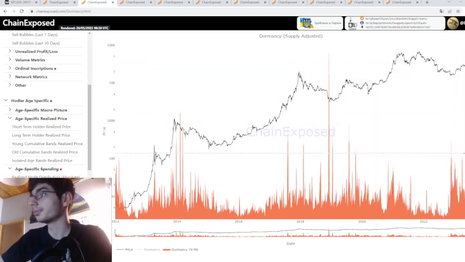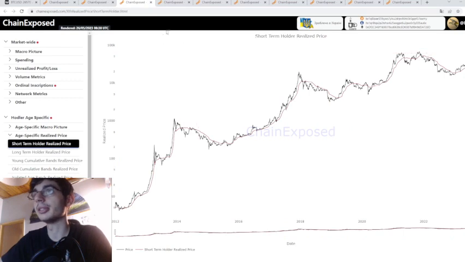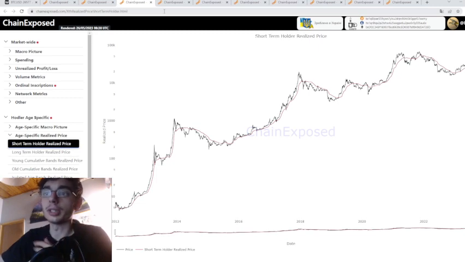And I saw it getting a little bit up lately, so the volume must have been taken out of the market, so someone must have taken realized profit or realized losses at this level, because they have been spent, and dormancy is a derived metric of the Bitcoin days destroyed, or the coin days destroyed.